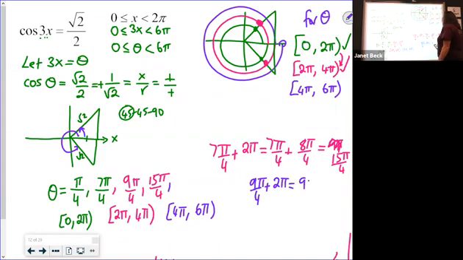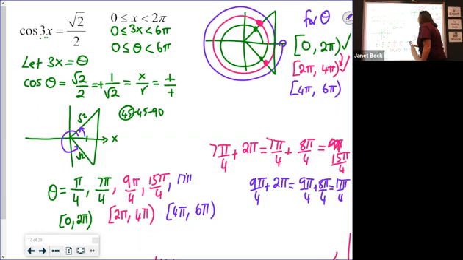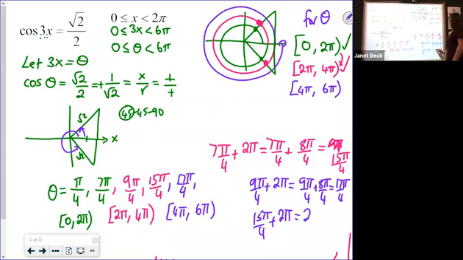So that's 9 pi over 4 plus 8 pi over 4, which gives you 17 pi over 4. And the same with the 15 pi over 4 plus 2 pi. 15 pi over 4 plus 8 pi over 4 gives you 23 pi over 4.